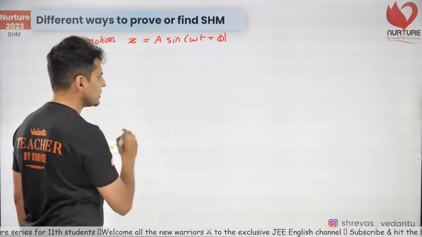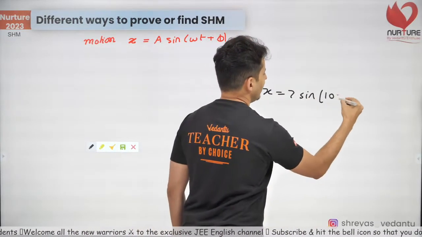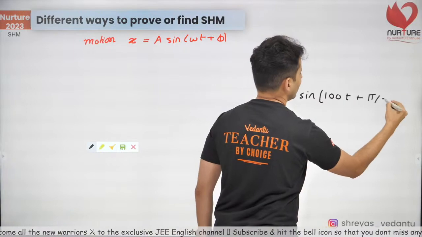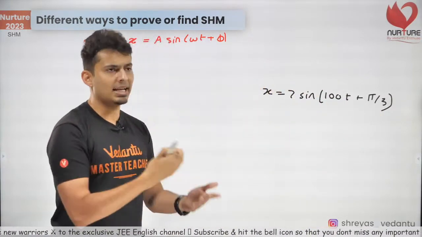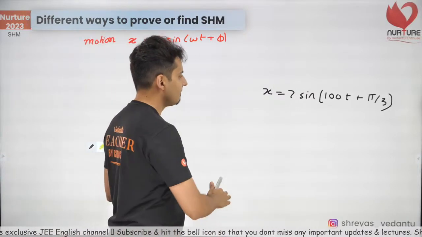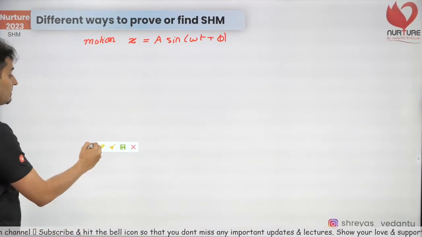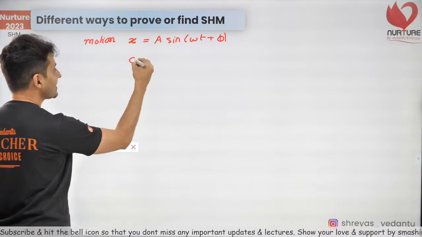So if somebody tells you x is 7 sine 100 t plus pi by 3, is this SHM? Yes, definitely this is SHM. Is there any other way that I can know it is SHM? Yes, I think I know.